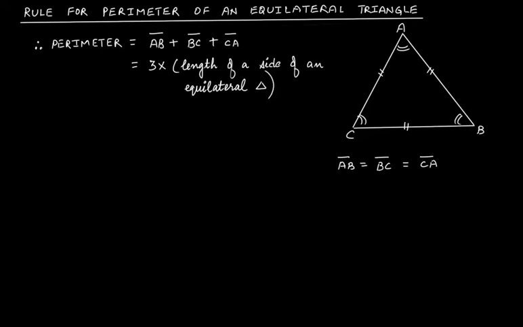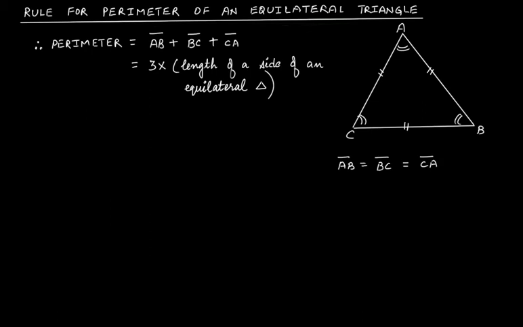Okay, so this will be the formula for the perimeter, and we have discussed all these things in mensuration. What's important is to now use variables and write the rule for the perimeter of an equilateral triangle.